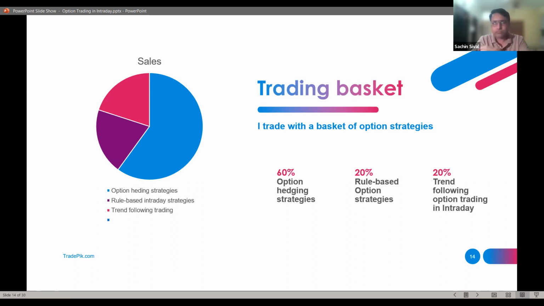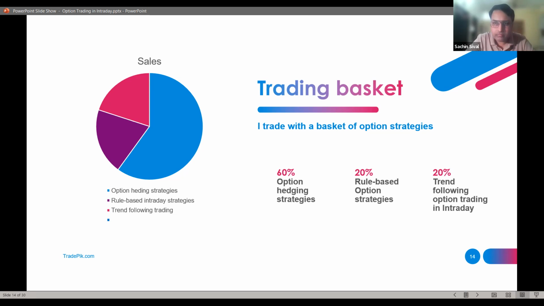I have written algo code in Python. I'm not a coder, but I'm just learning Python. I gave it a try to write code for my strategies for execution, because we don't need to do anything here. At a certain time, you have to place certain trades with certain strikes, and you have to keep the stop loss, and the rest you are free to do.